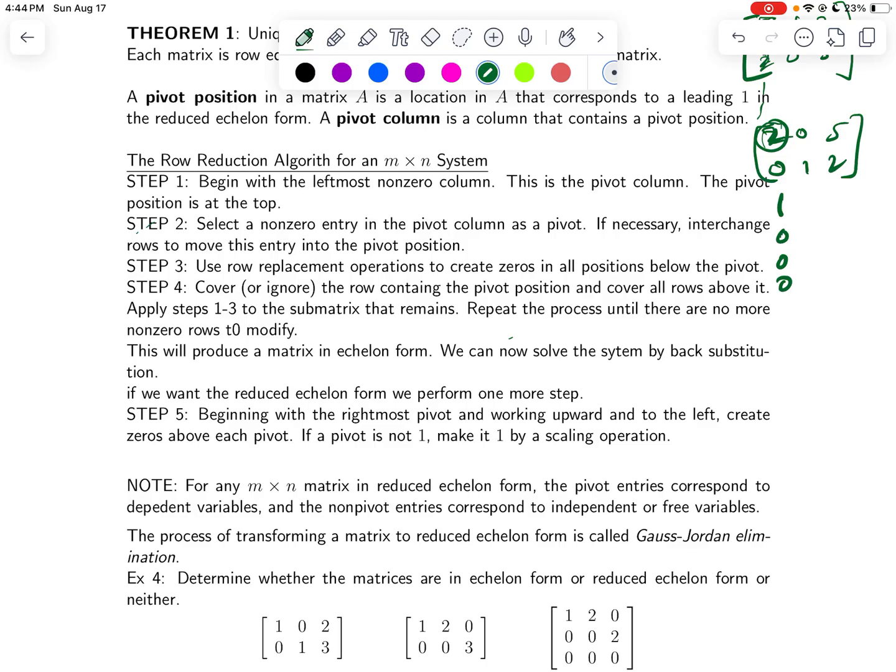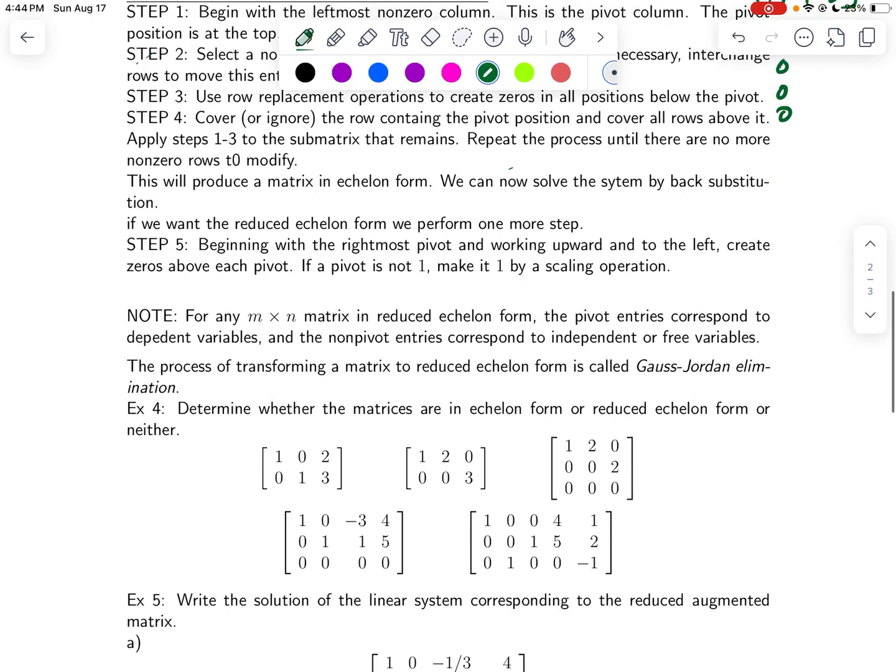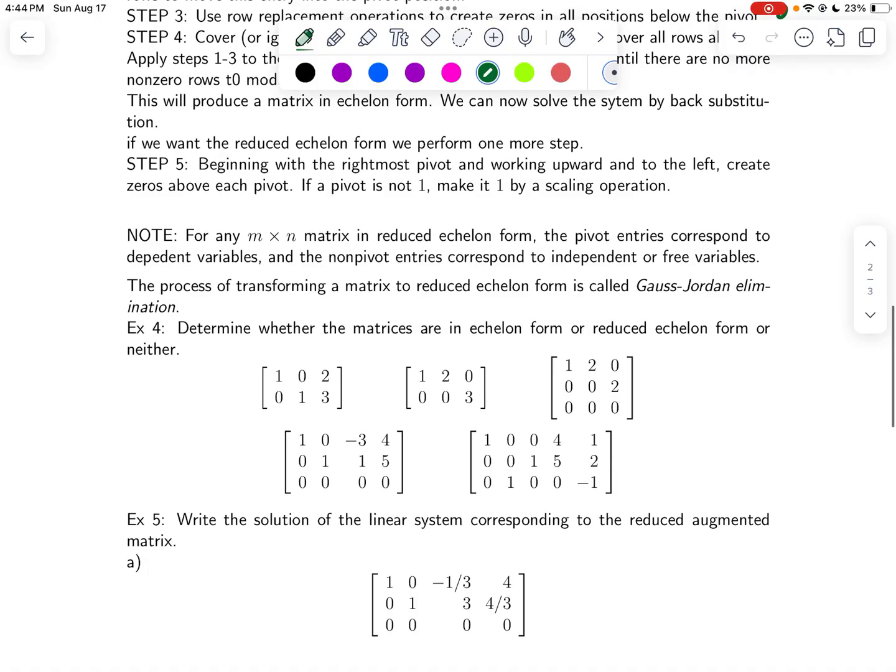show you some examples by looking at these matrices. These are all augmented matrices, and it says here determine whether the matrices are in echelon form or reduced echelon form or neither.